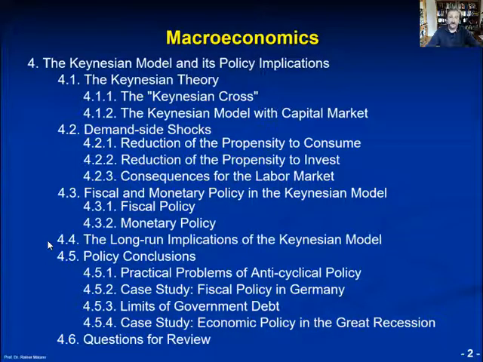As we will see, under the assumptions of flexible prices, the Keynesian model provides nearly the same results as the neoclassical model. We will then draw some policy conclusions from the Keynesian model in section 4.5 and analyze the empirically practiced fiscal policy of German governments.